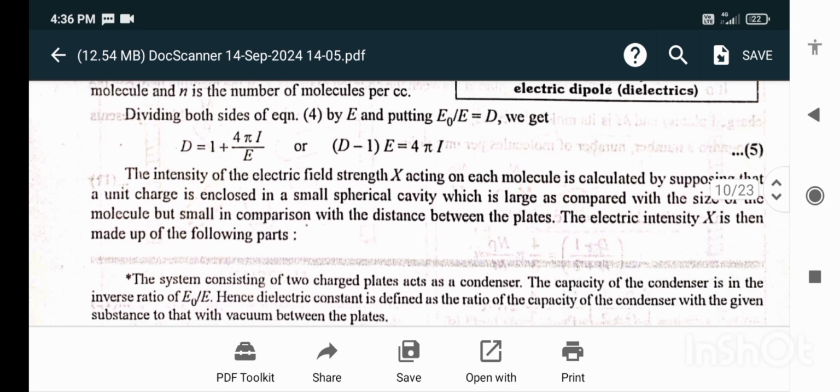The intensity of the electric field strength X acting on each molecule is calculated by supposing that a unit charge is enclosed in a small spherical cavity, which is large as compared with the size of the molecule but small in comparison with the distance between the plates. The electric intensity X is then made up of the following parts.